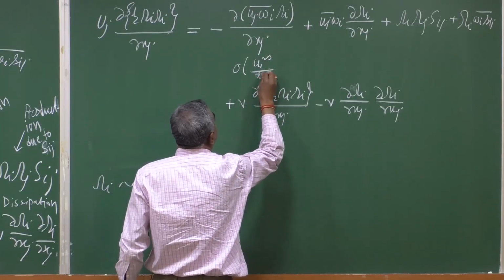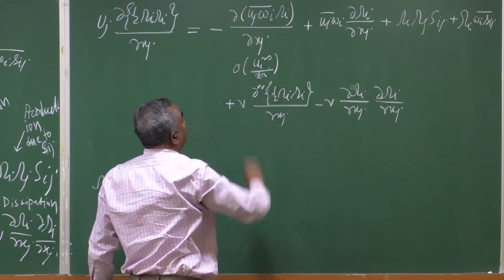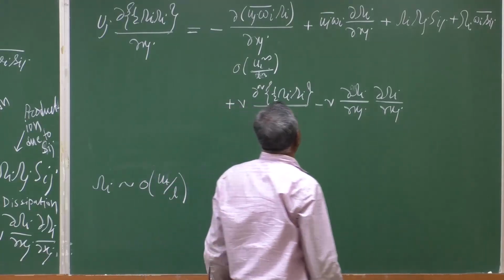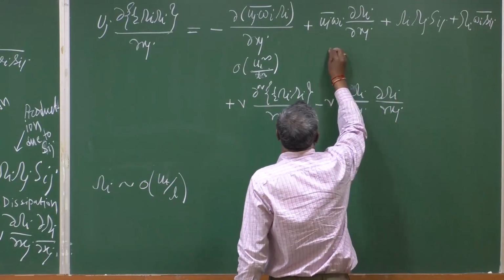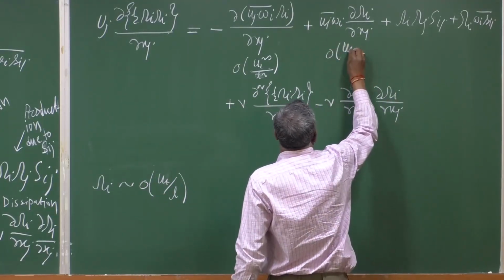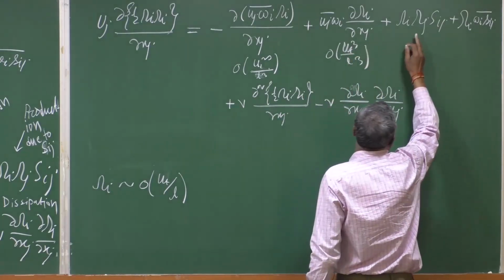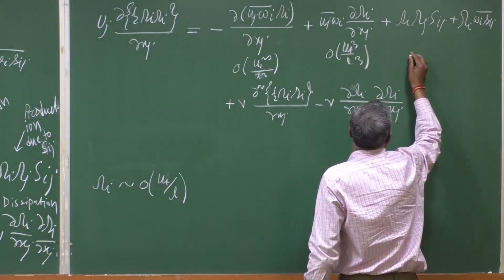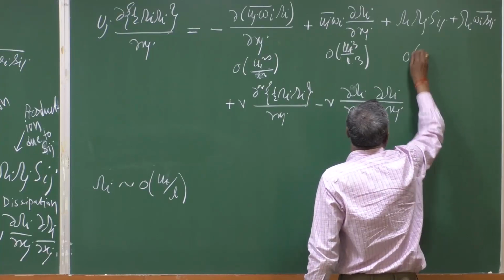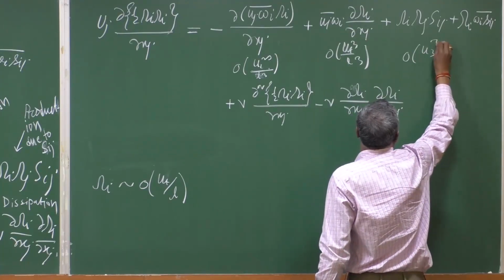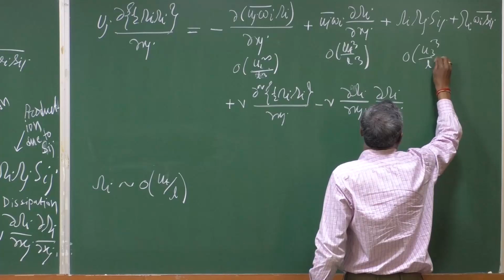Okay. So, the order of this particular term is u_t cube by L cube. Similarly, the order of this term is also u_t cube by L cube. Okay. And the order of this term, as it is clear, is u_t cube by L cube.